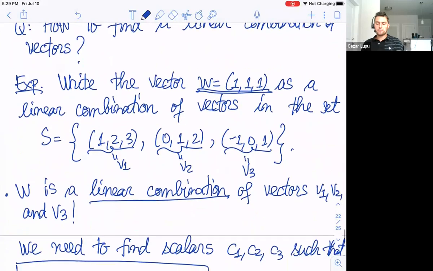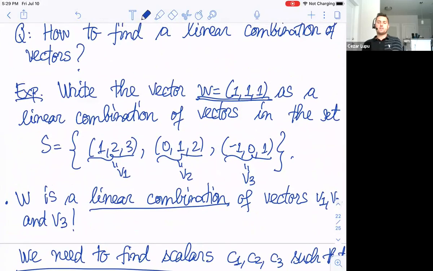This says clearly that the vector W, which is 1, 1, 1, where the components are all identical, can be expressed as a linear combination of V1, V2, V3. In fact, there are infinitely many linear combinations.